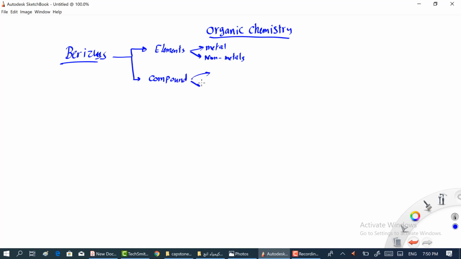Berzelius said that the compounds are classified into organic and inorganic.